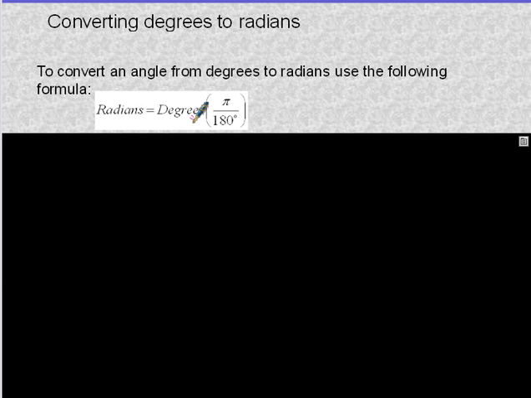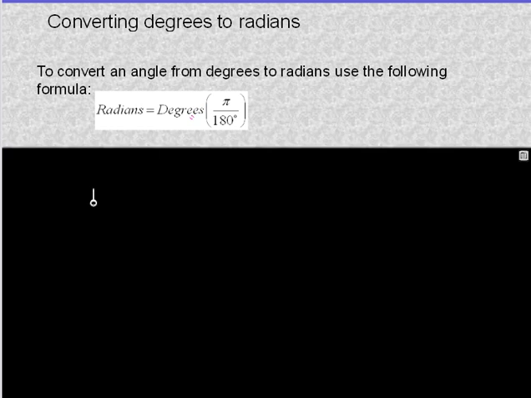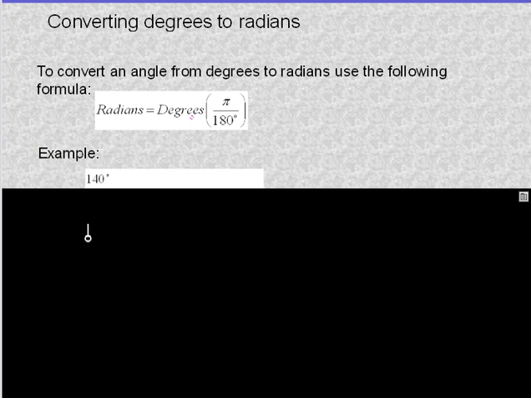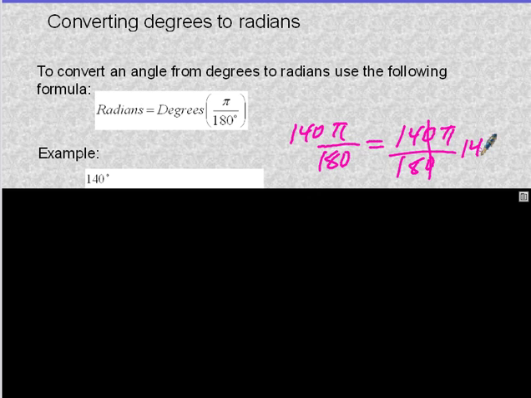Let's look at the example, 140 degrees. So it's 140 times pi over 180. This is going to be 140 pi over 180. I can cancel my zeros out to give 14 pi over 18, and I know I can divide both of these by 2, so I'm going to end up with 7 pi over 9.